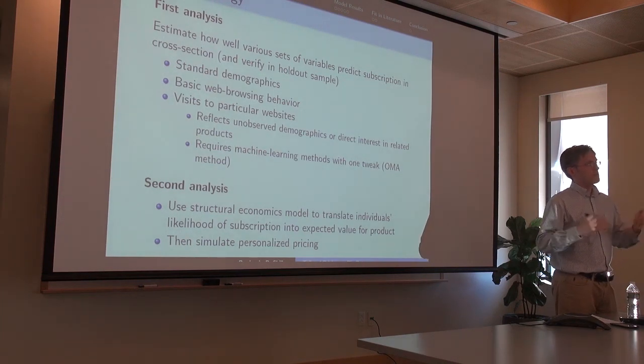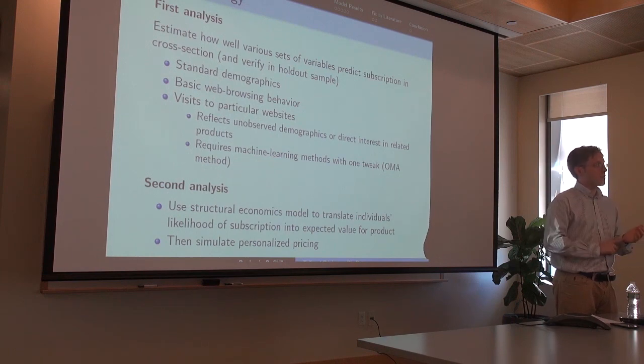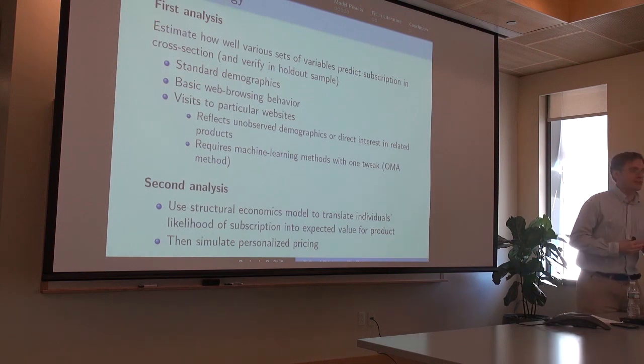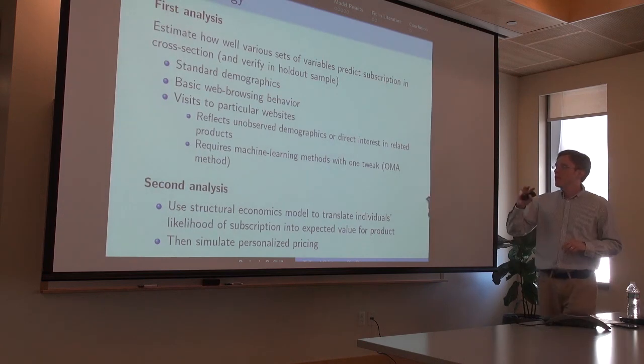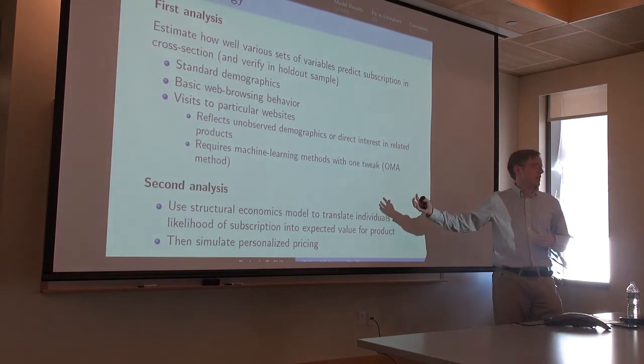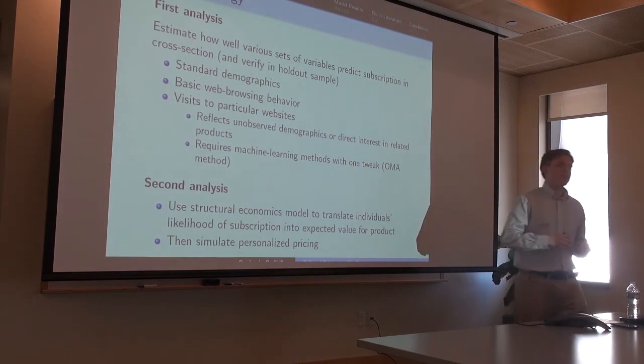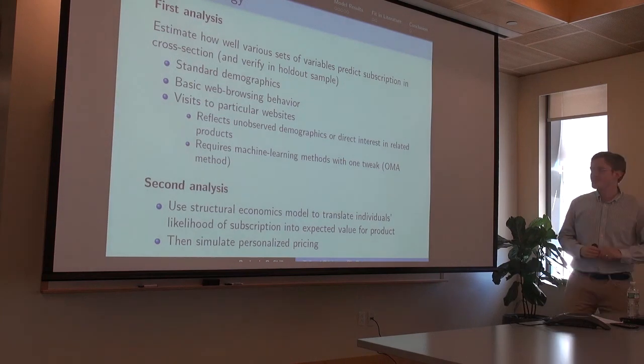So, for example, most data sets will not have things like sexual orientation or marital happiness or a whole host of other demographics you could think that might correlate with a person's willingness to pay for an item. Now, while it's not normally collected, presumably a person's web browsing behavior might at least partially reveal those characteristics.